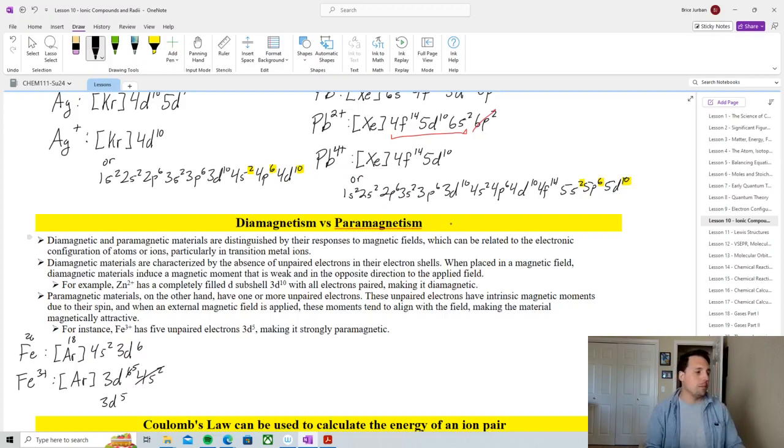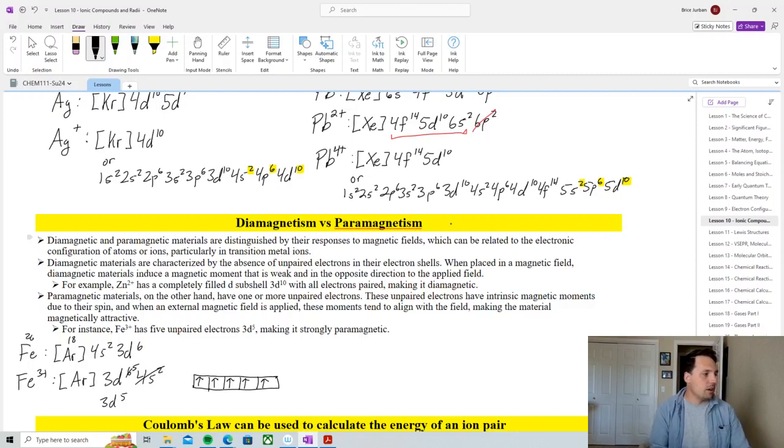Making this a strongly paramagnetic material, because if I were to draw out each of these orbitals, there's 5 d orbitals. I can draw this evenly. There we go. There will be electrons that are spin up in each of these orbitals, which will align very strongly with any magnetic field that we have.